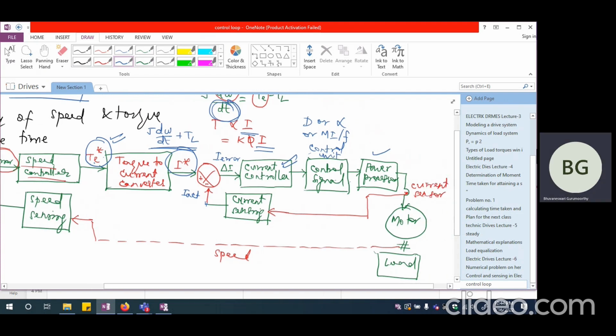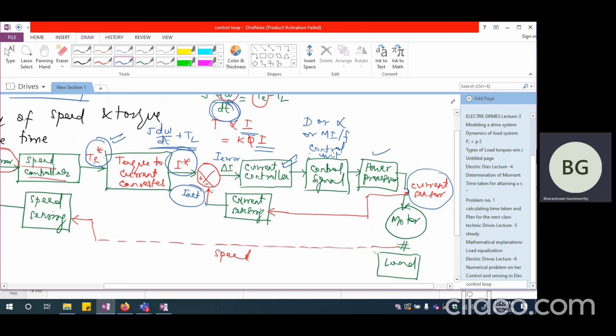Now, between the power processing unit and the motor, there will be a current sensor sitting. This could be a current sensor or voltage sensor, depending upon how the torque is getting adjusted, and that is passing on the actual current value to the comparator and current controller.